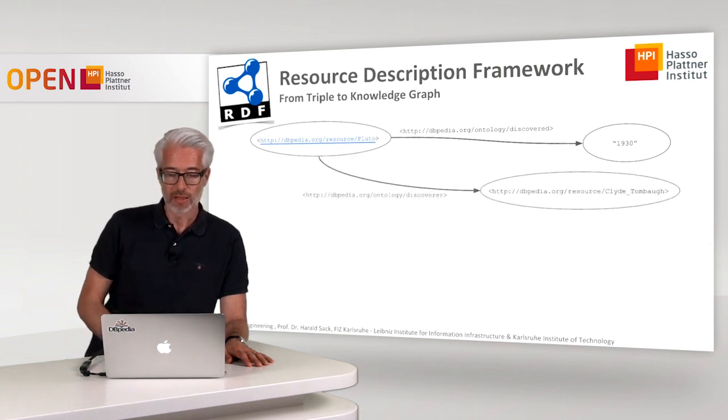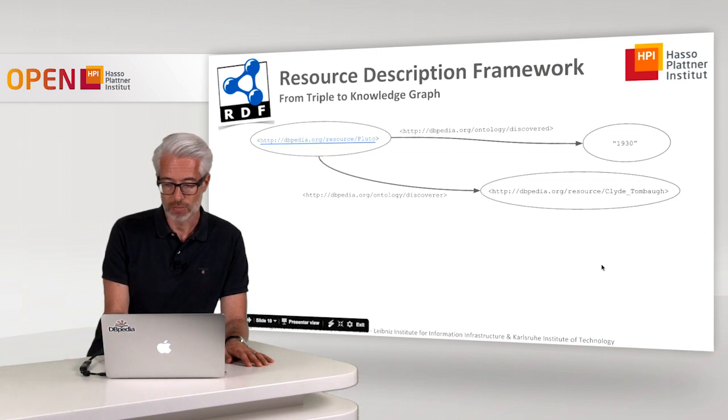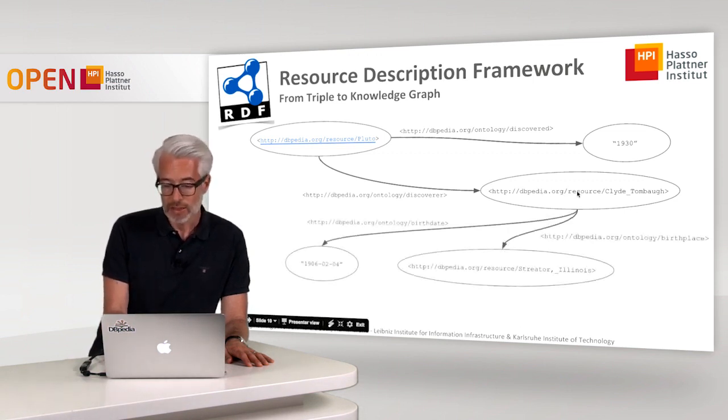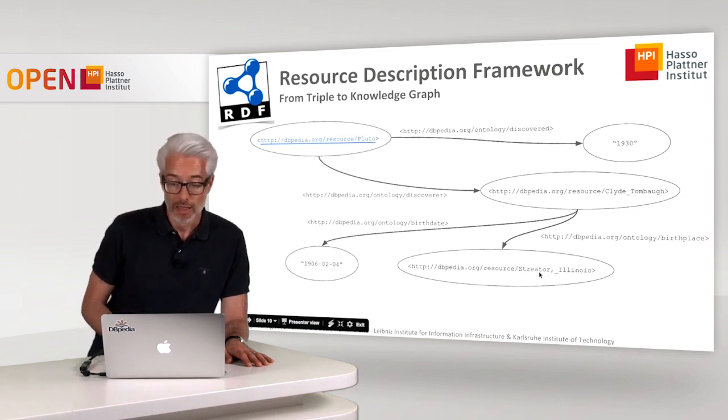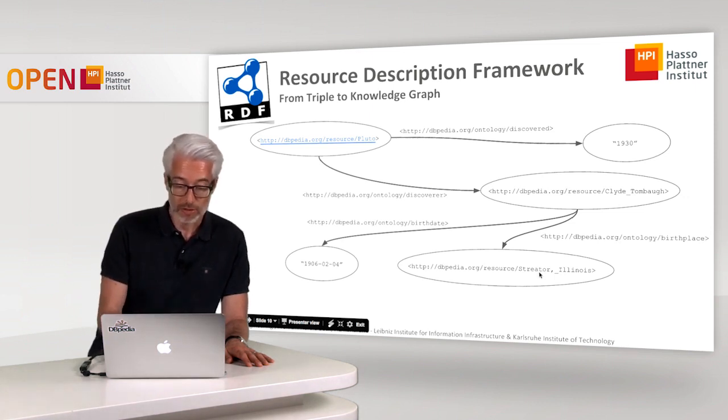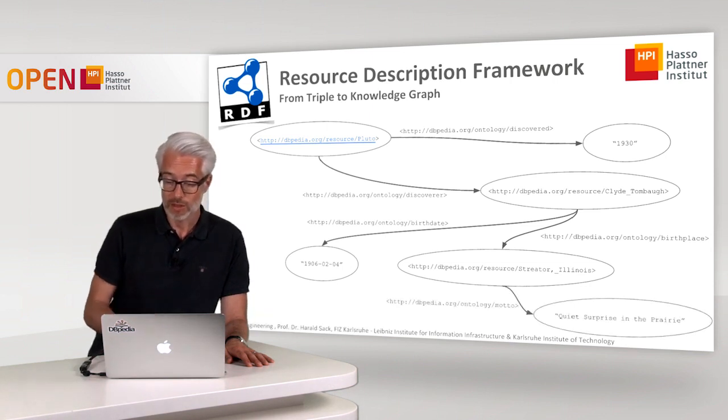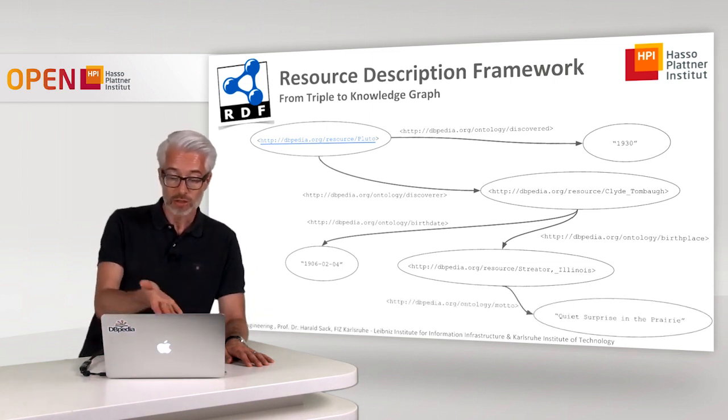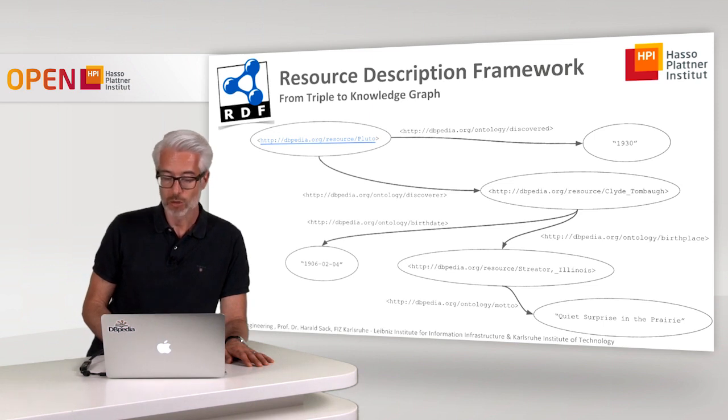For example, also the discoverer of Pluto is referenced here, and this is Clyde Tombaugh, and he's also part of DBpedia. And then if you click on Clyde Tombaugh, you might get interesting information like, for example, his birth date or his birthplace, which is Streator in Illinois. And then, of course, you click on Streator, Illinois, and then you will end up with another interesting fact, for example, that the motto of this interesting city is Quiet Surprise in the Prairie.